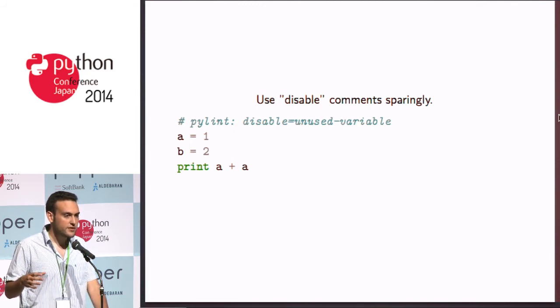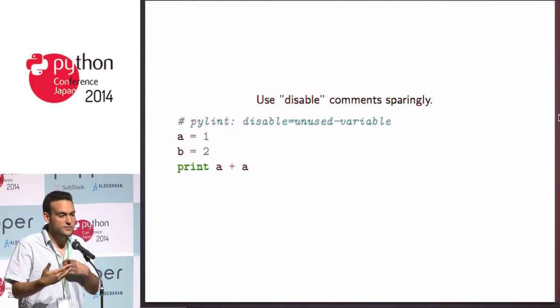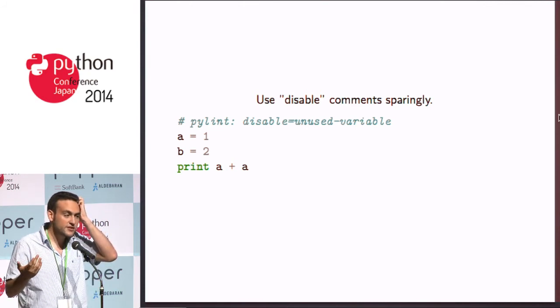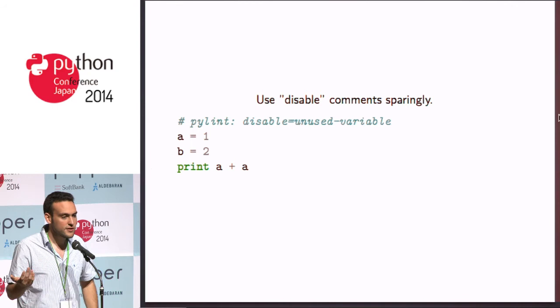You're paying a price by using these comments, which is that your code is now littered with comments that are not about whatever you want to be solving with the code, but just about telling this tool, which is not smart enough to find out what you want, that you don't want any message here.